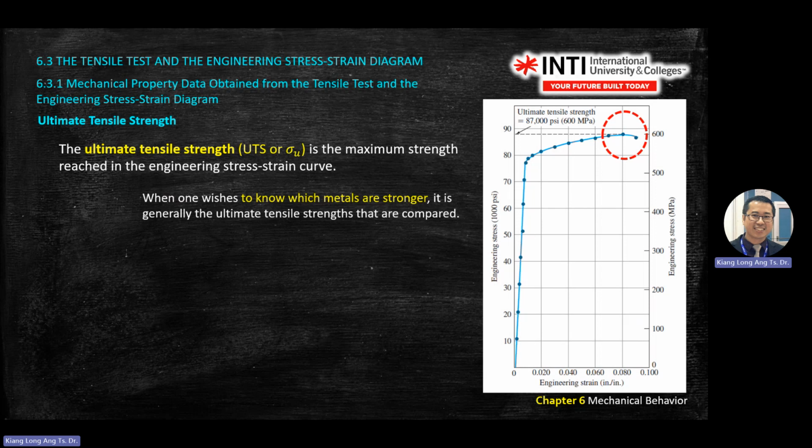You will use the yield value, the 0.2% offset. Because at this point it has already failed, so there is no value in your design. However, you see this value in the catalog of material producers, because this value is higher than the yield point.